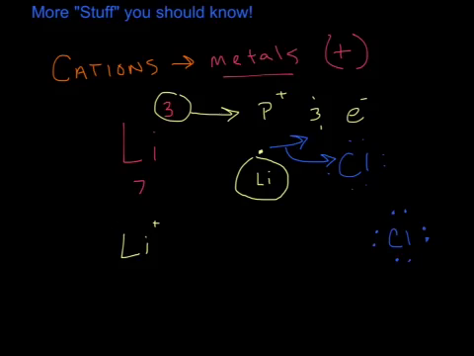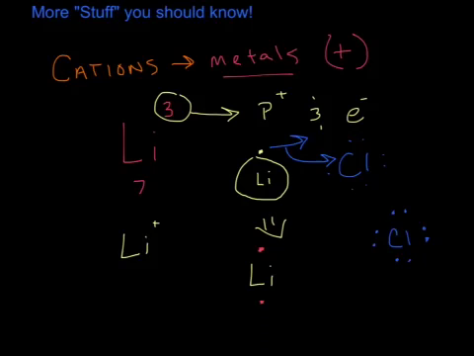Because from here, that's not a smiley face, that's an arrow. Lithium now only has 2 electrons. Let me get that so you can see it a little better. Electron, electron. But remember, that's in its first outer shell. So 2 is the most it can have. It is happy. Alright?